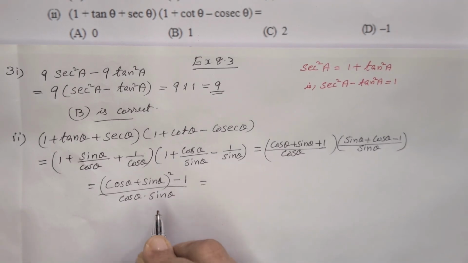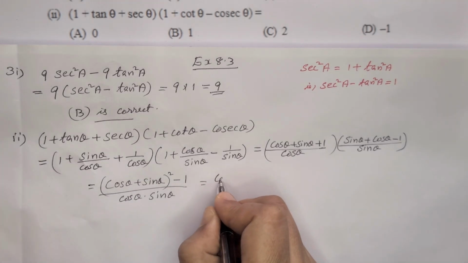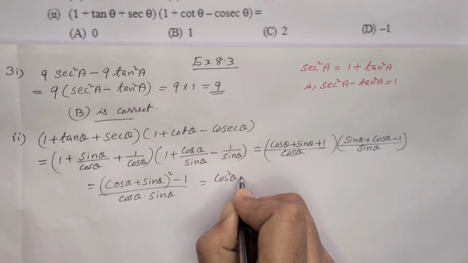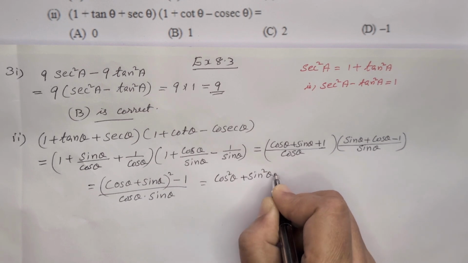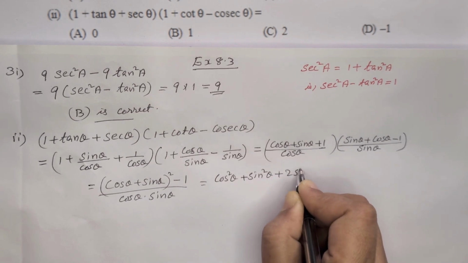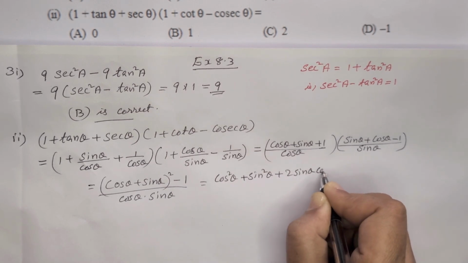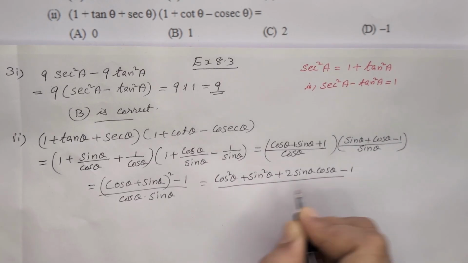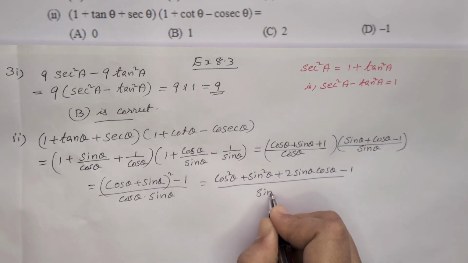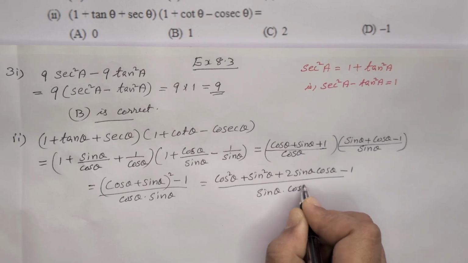This a plus b the whole square form: cos square theta plus sin square theta, and 2ab means 2 sin theta cos theta, minus 1, divided by sin theta cos theta.